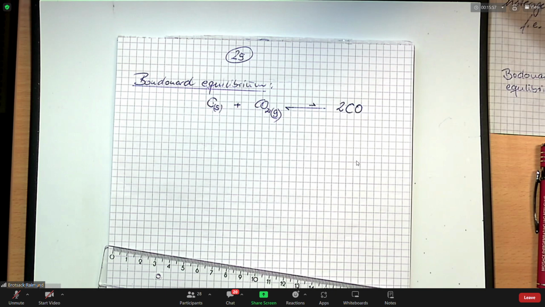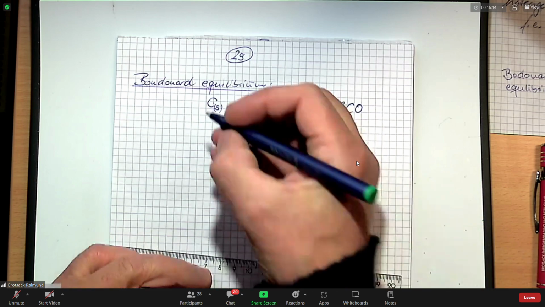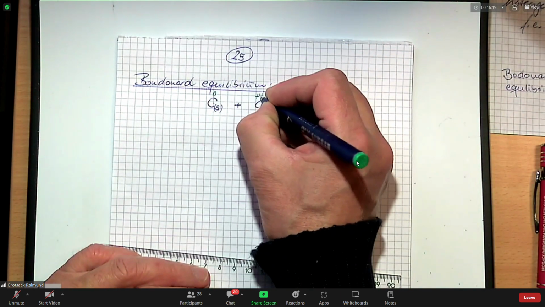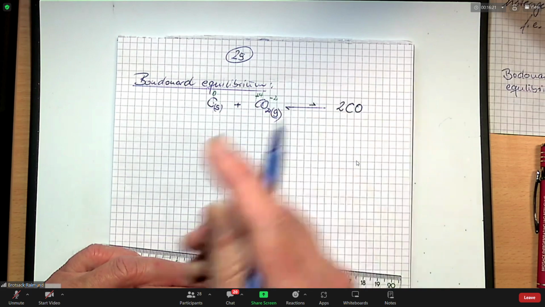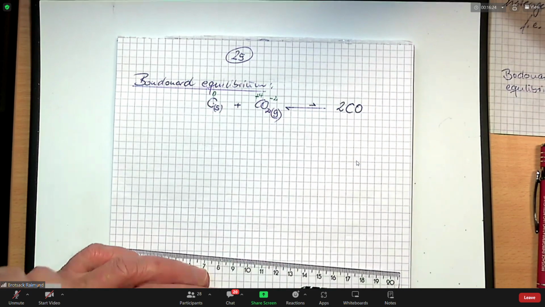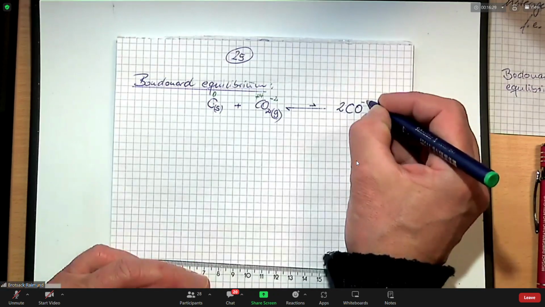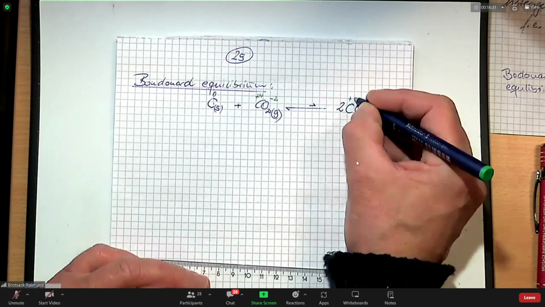It's oxidized. And this carbon from +4 to +2 is a reduction. So one is oxidized, the other one is reduced. Here 0 is the oxidation number, +4 because the oxygen always has -2, but 2 times -2 is -4, so +4 for the carbon, and in CO, -2 and +2.